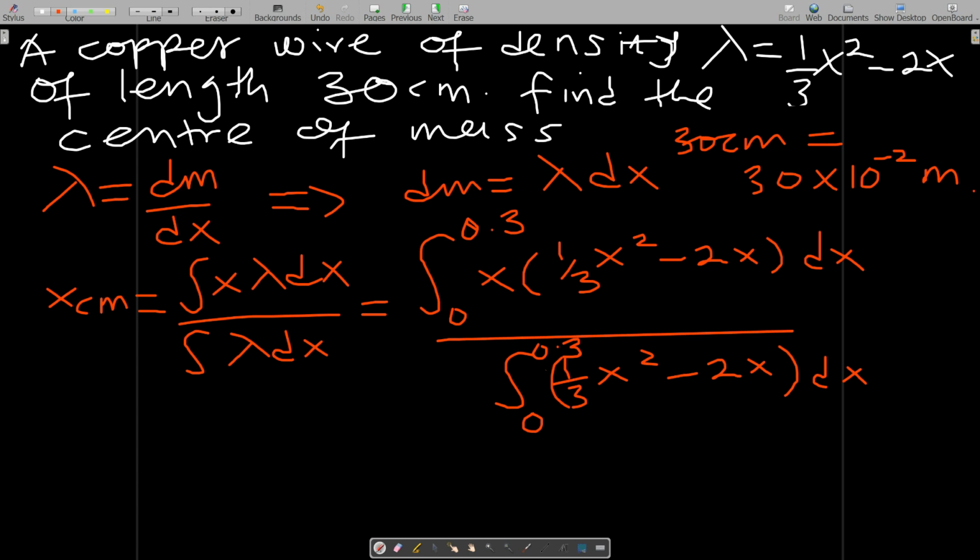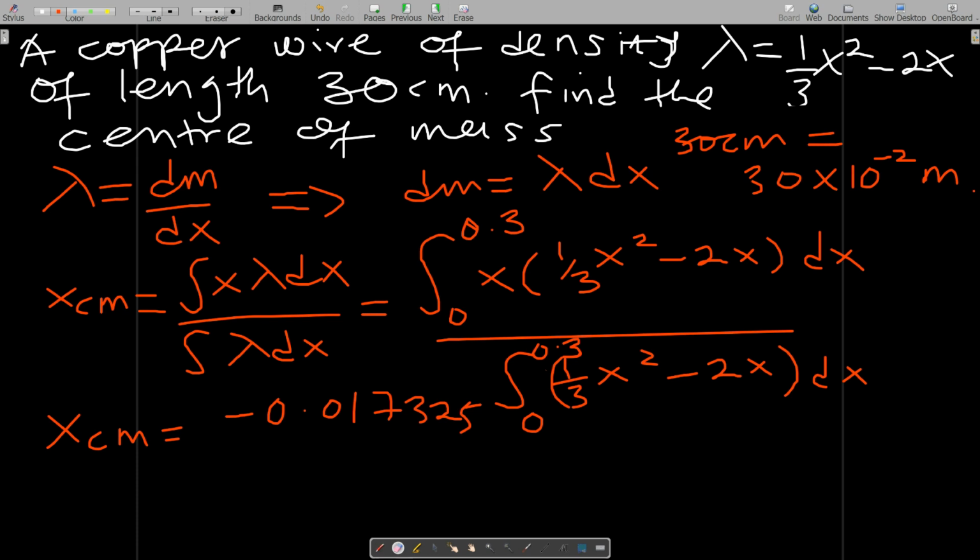So I can punch the top one on the calculator with the limits inserted, and I'm getting the top to be negative 0.017325.